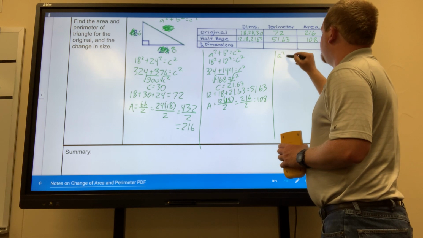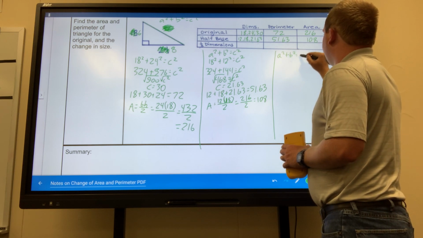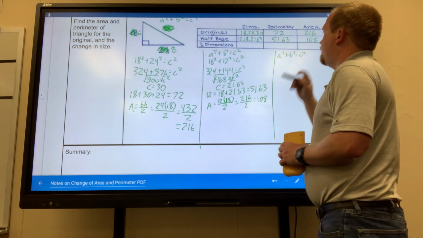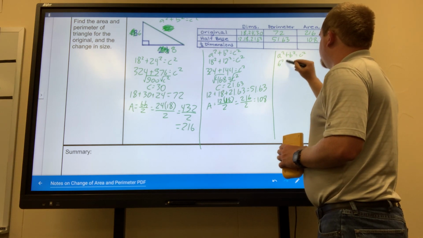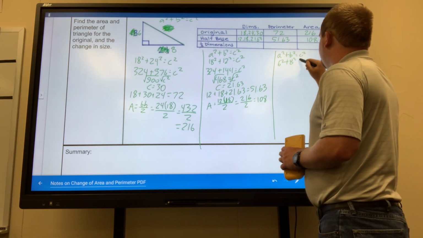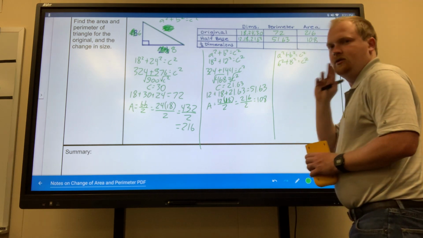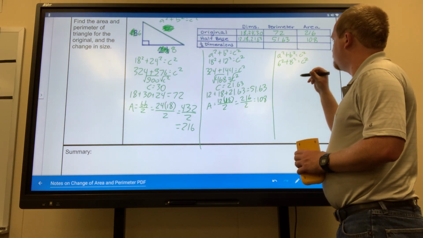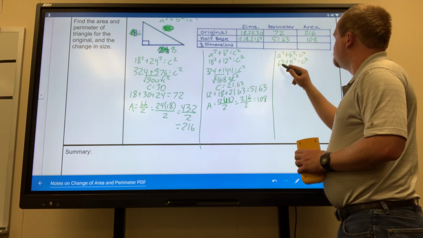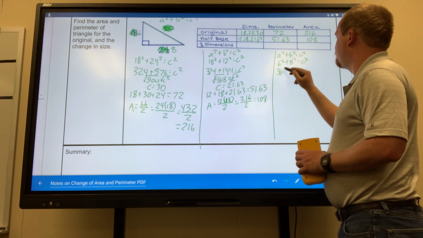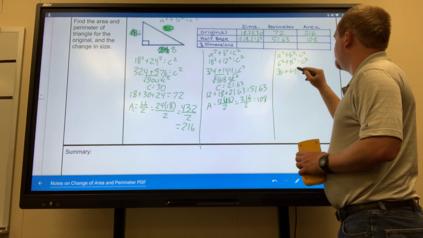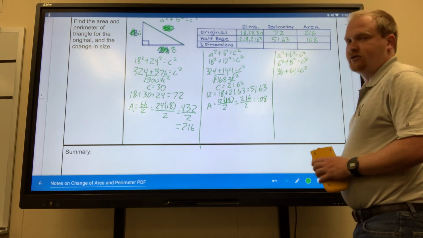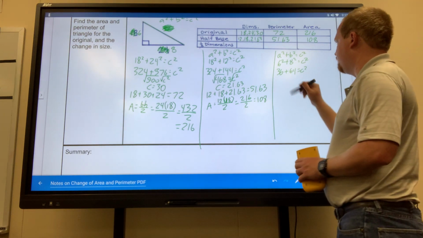So a squared plus b squared equals c squared. All right. Now, 6 squared plus 8 squared equals c squared. Six squared is 36, 8 squared is 64. 36 plus 64 gives me 100.